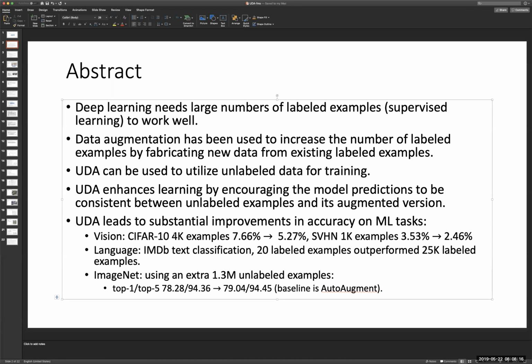And the CIFAR10 work involved using only 4,000 of the examples in CIFAR10. It's much larger than that. But using only 4,000 of the examples, we can go from a baseline of 6.66% error to 5.27% error. And with the Street View house numbers, using only 1,000 examples, we can reduce the error rate from a baseline of 3.53 to 2.46%.